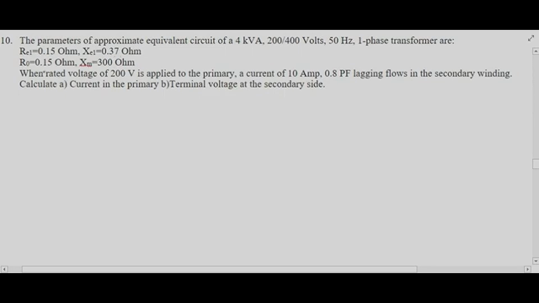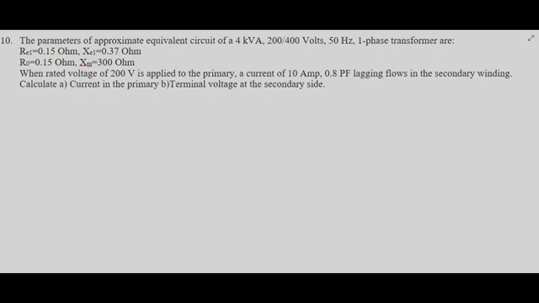R0 is equal to 0.15 ohm, and XM is equal to 300 ohm. When the rated voltage of 200 volt is applied to the primary, a current of 10 ampere at 0.8 pf lagging flows in the secondary winding. You have to calculate the current in the primary and the terminal voltage at the secondary.